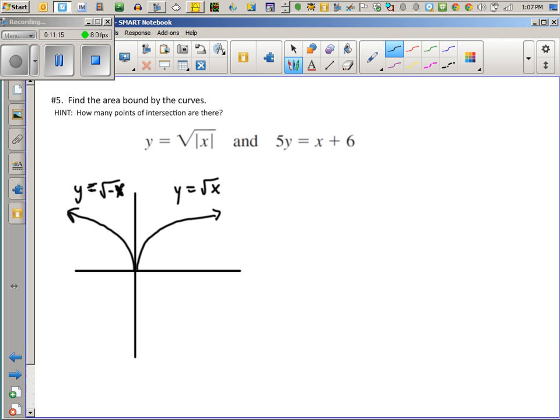Now the other thing is the line y equals 1/5 x plus 6/5, which is no big deal. We can graph that. Looks like that. So here's the thing. We're trying to find the area bound by the curves. So the area is actually right here.